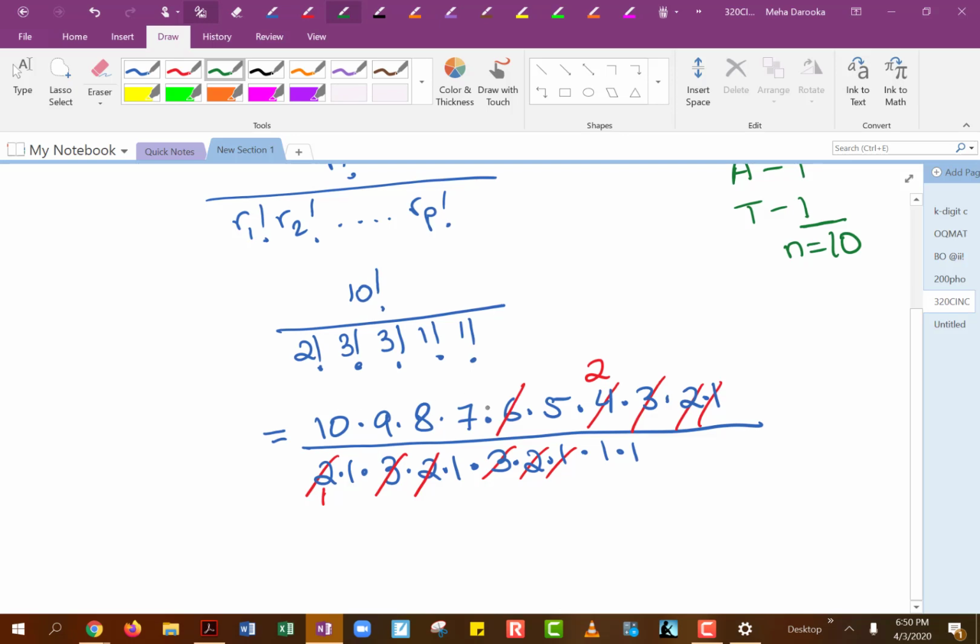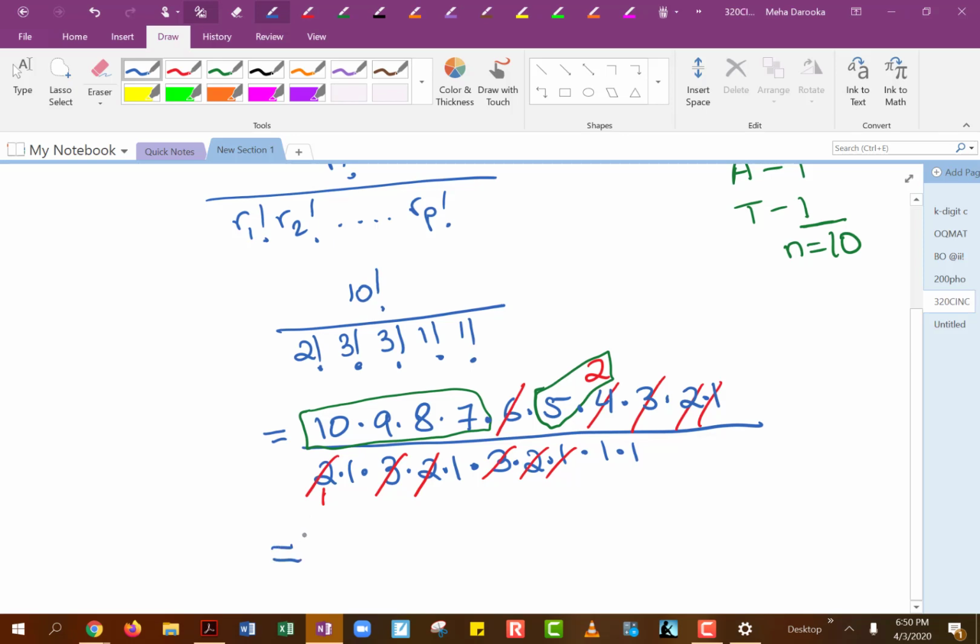So you can do it that way, or of course, like I told you before, you can use your calculator formulas to help you out. So if you go ahead and do this calculation, just make sure your calculations are correct, and this will come out to be a total of how many possibilities.